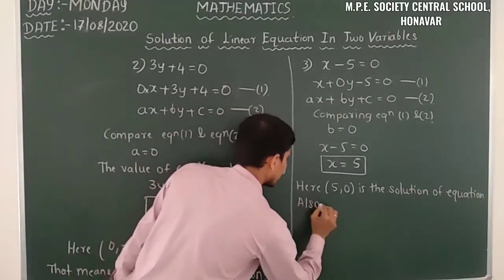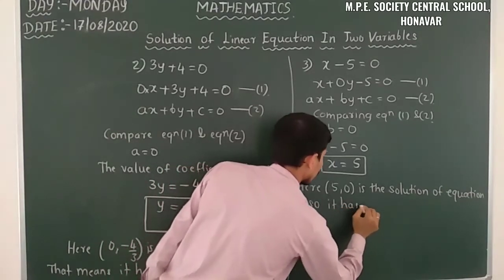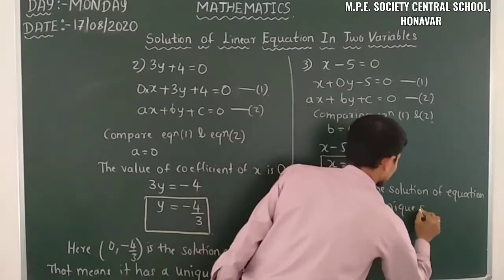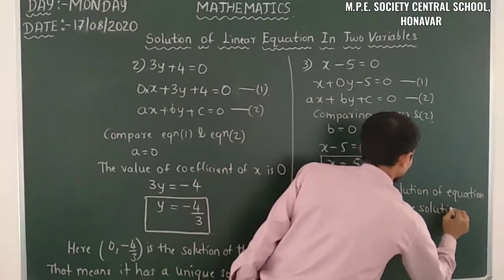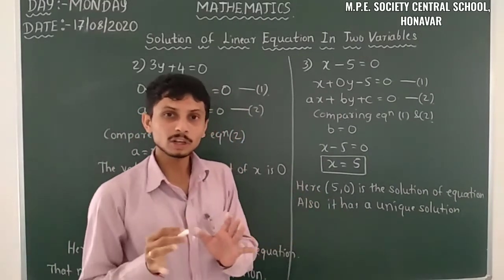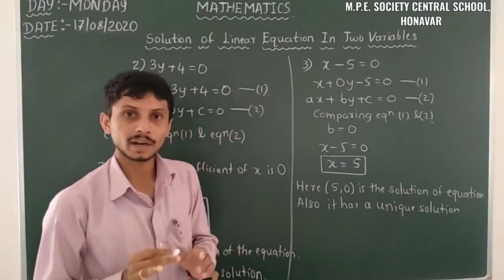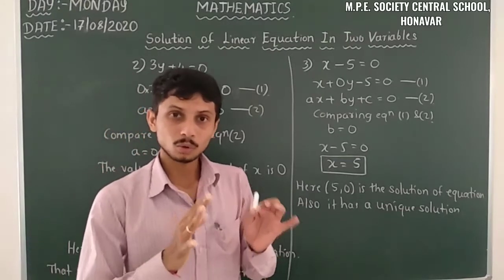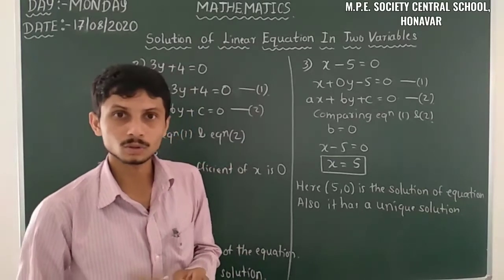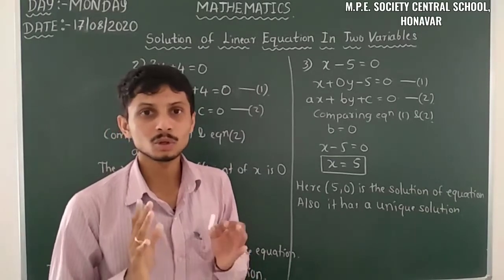Also, it has a unique solution. Then here we have to write it in common: when either the coefficient of x is equal to 0 or the coefficient of y is equal to 0, in both cases we take one only.